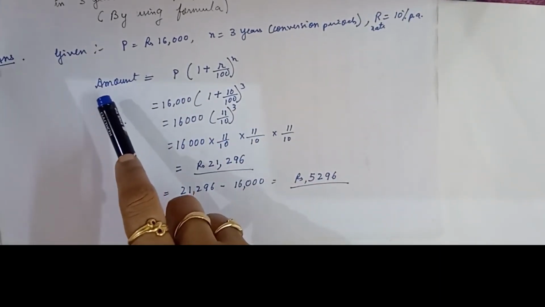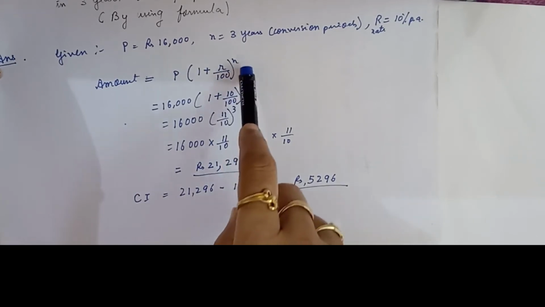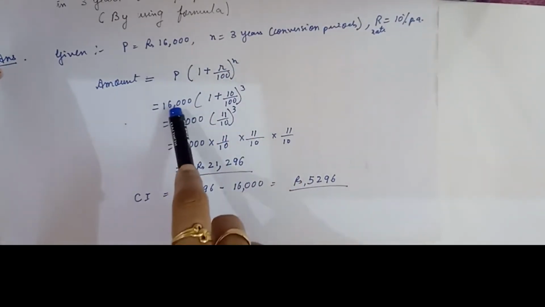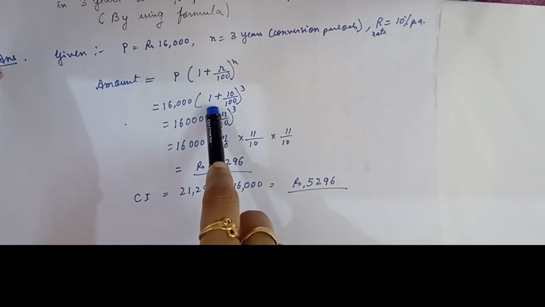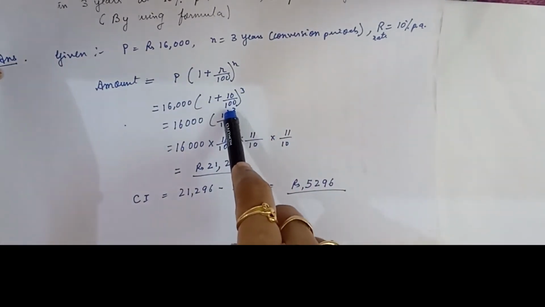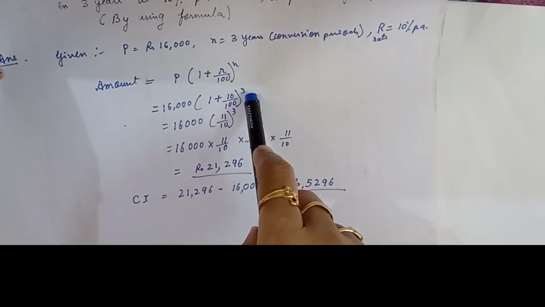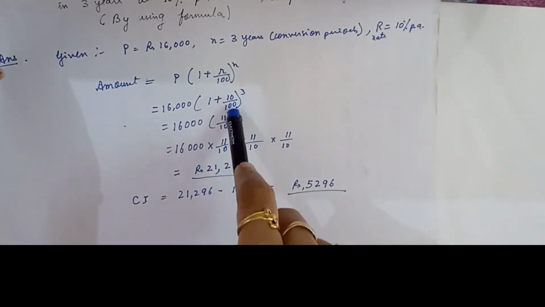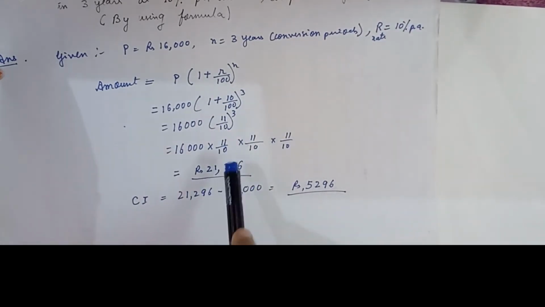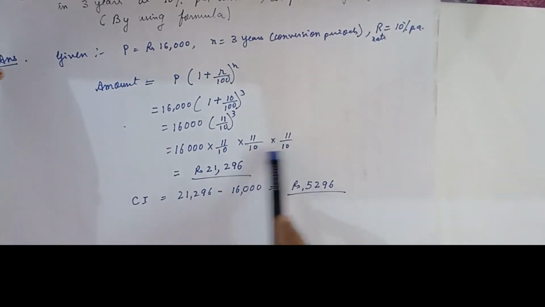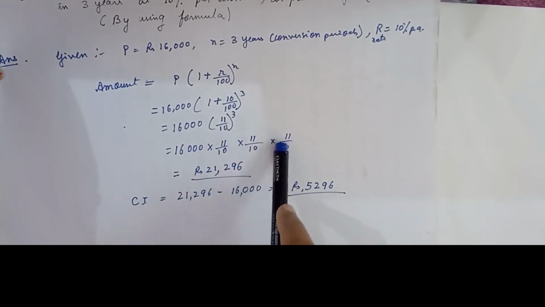The formula is amount is given by P bracket 1 plus r by 100 to the power n. Substitute here. 16,000 is the principal, 1 plus 10 by 100, rate percent, to the power 3 conversion periods. So cancel, it becomes 1 by 10, added 11 by 10 to the power 3, multiplied thrice, 3 zeros will get cancelled, 16 into 11 into 11 into 11.